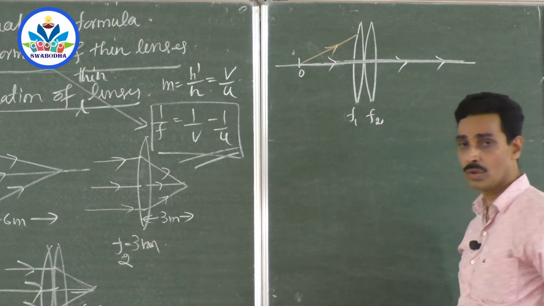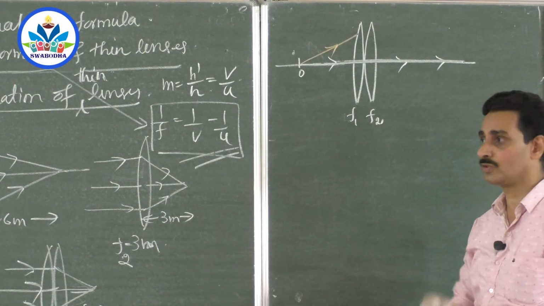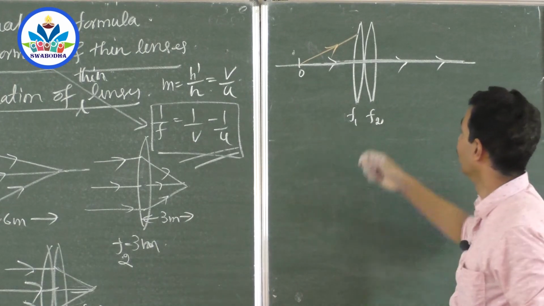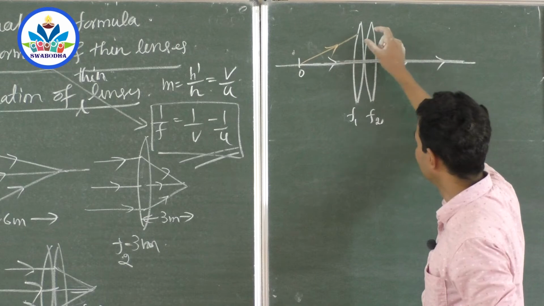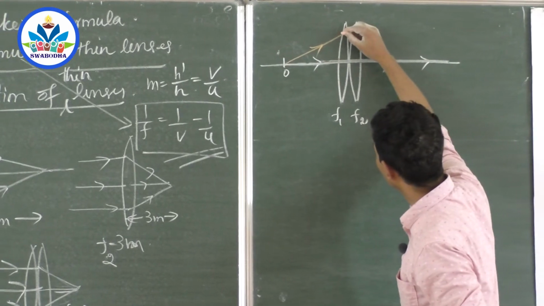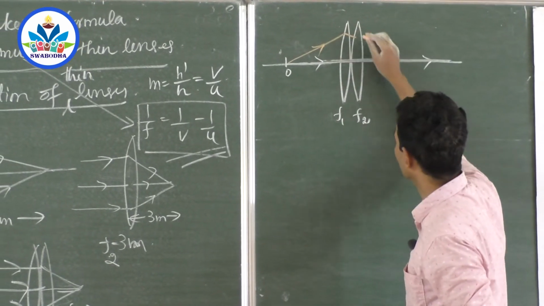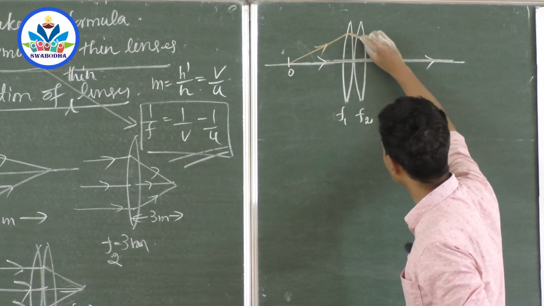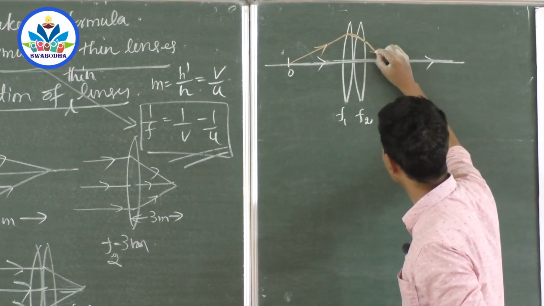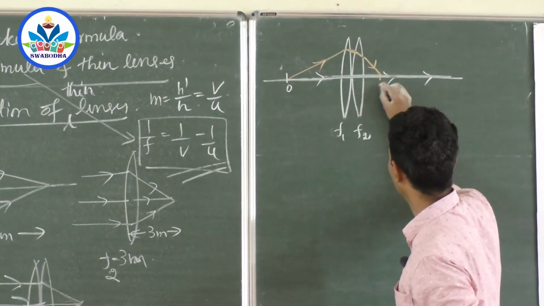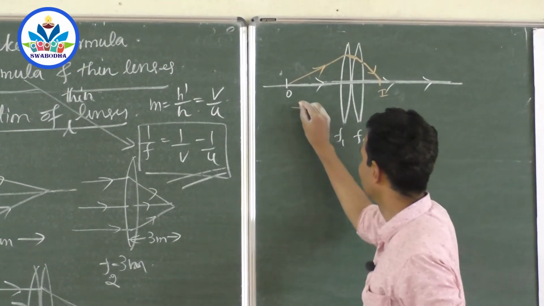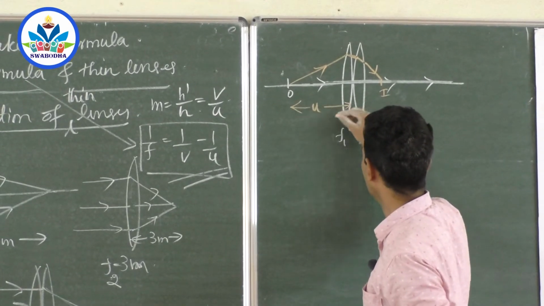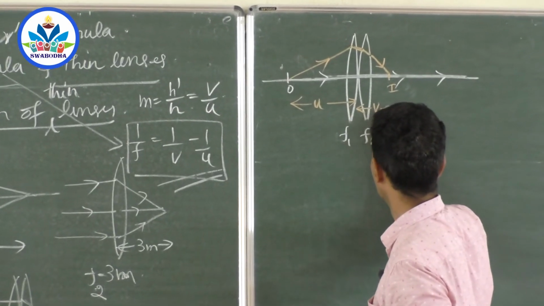I don't show refraction from surface to surface because it is not needed. This is a thin lens. The first refraction occurs in this lens here, the second refraction occurs here, and finally the ray moves here. This is the final image, and this is the object distance and this is the image distance.